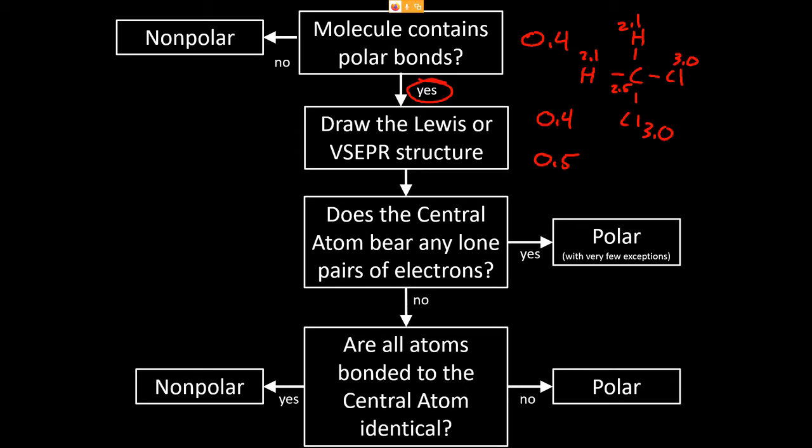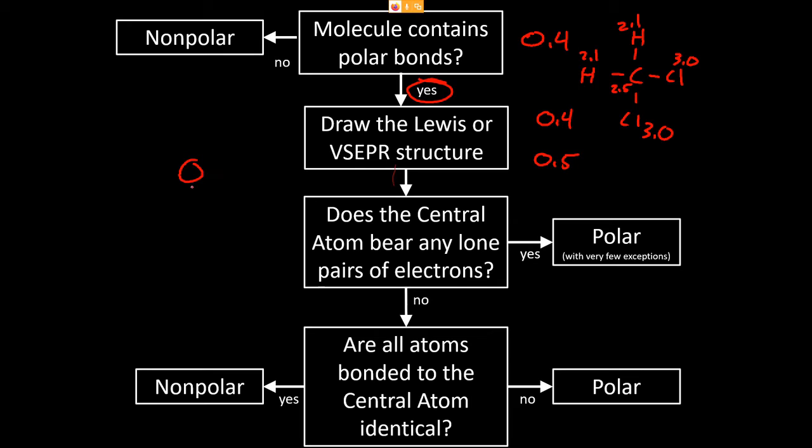This is assuming that it's a fairly simple molecule, and if it's a more complex molecule, then it's very difficult to get any kind of symmetry. So this is asking for relatively simple molecules like this one, where it's just one atom in the middle and then stuff attached to it. Do we have any lone pairs on that central atom?